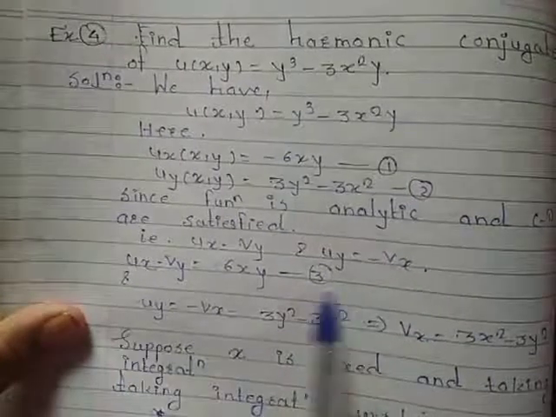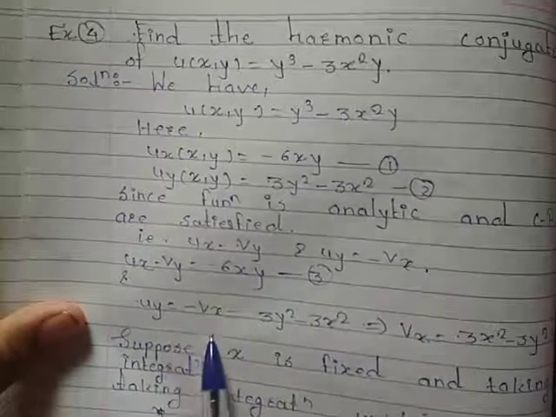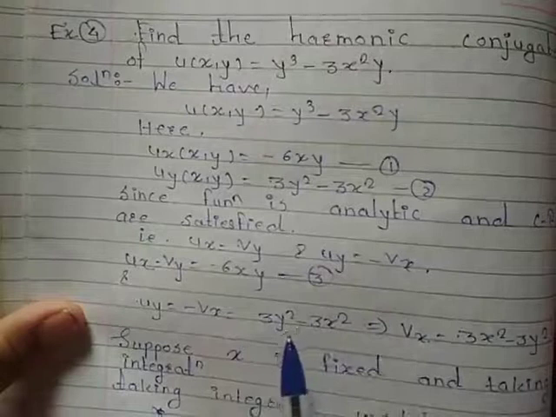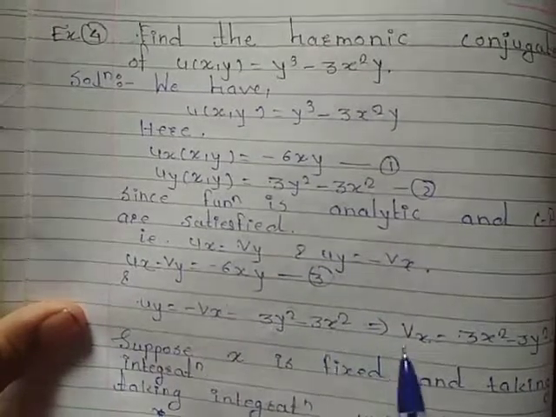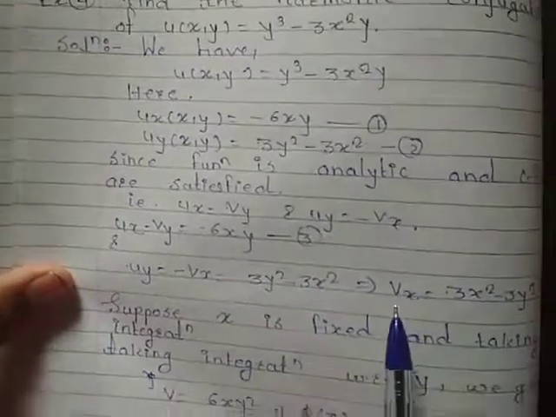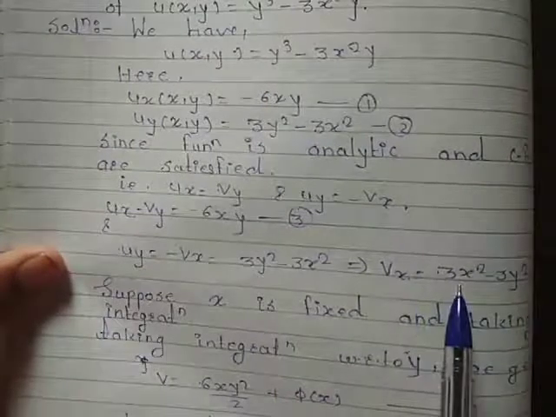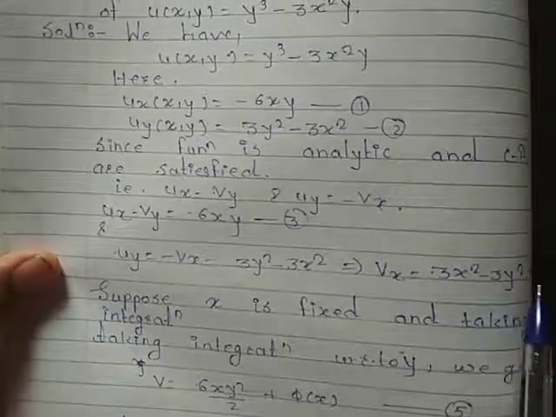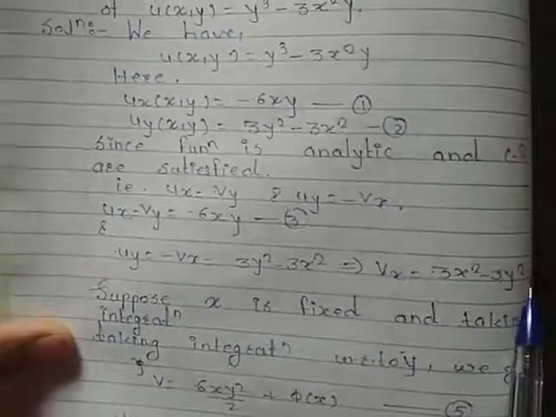Call this equation number 3. And u_y is equal to minus v_x, where u_y is 3y square minus 3x square. So we get v_x is equal to 3x square minus 3y square. Call this equation number 4.